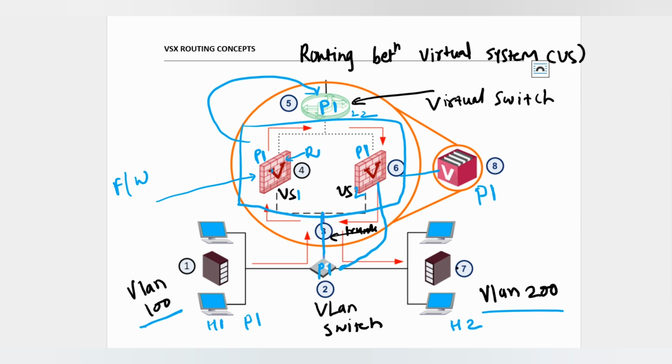Now the VLAN tag is added and the destination is here, so the VLAN switch will send that packet to its destination as per the tag. This is the scenario when we talk about routing between the virtual systems.